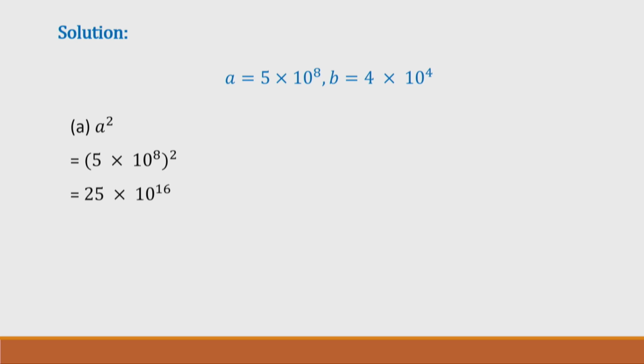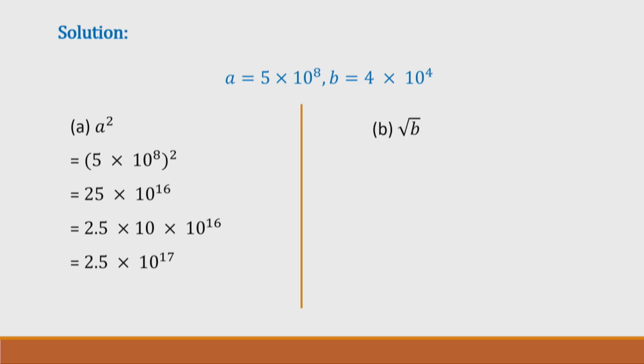Simplifying, I get 25 times 10 power 16. But 25 is not in standard form. So I rewrite it as 2.5 times 10 times 10 power 16, which will give me 2.5 times 10 power 17.